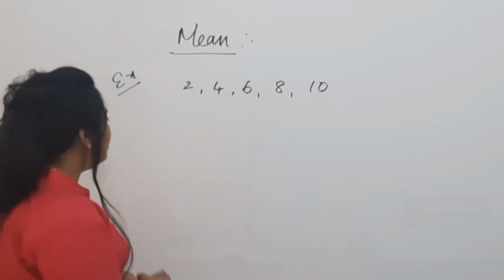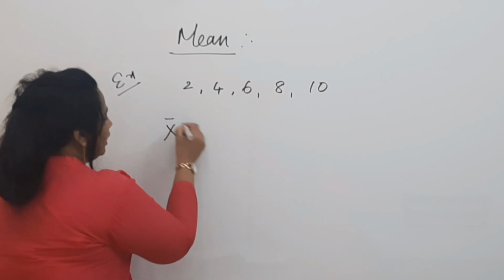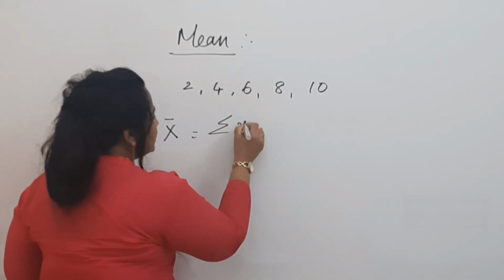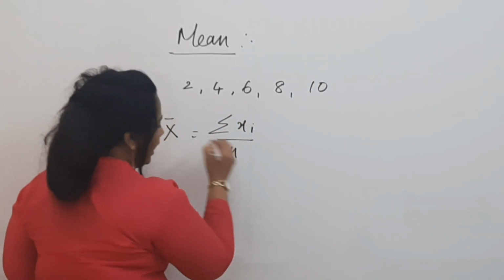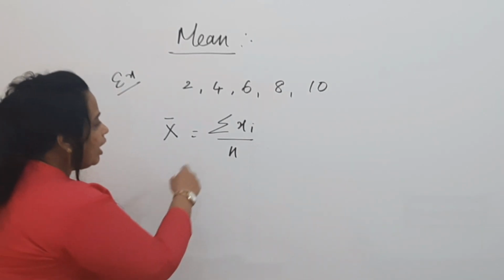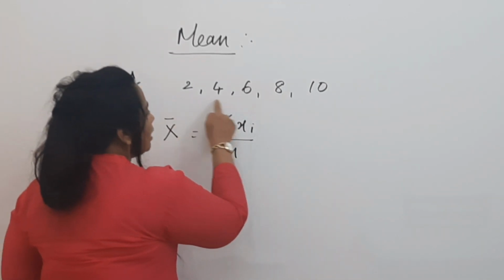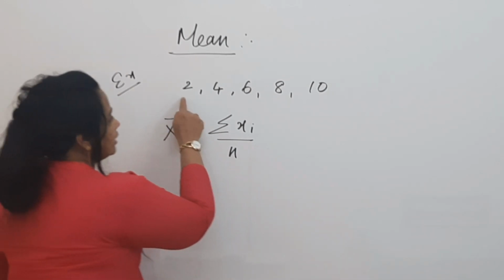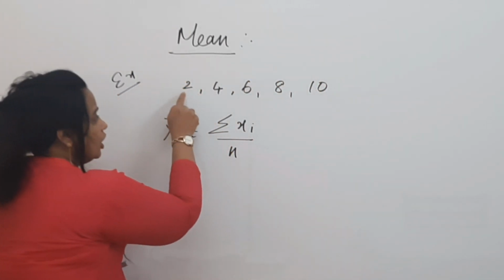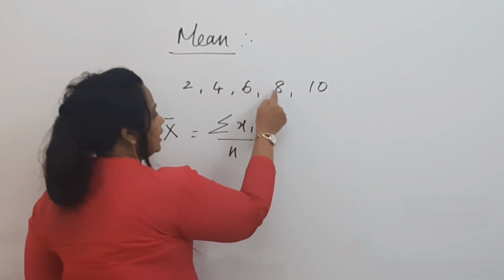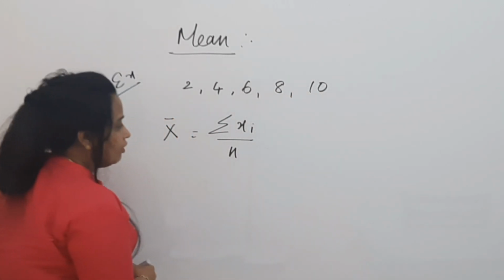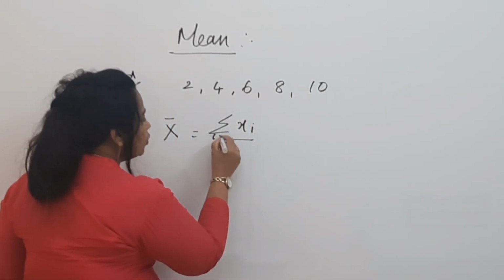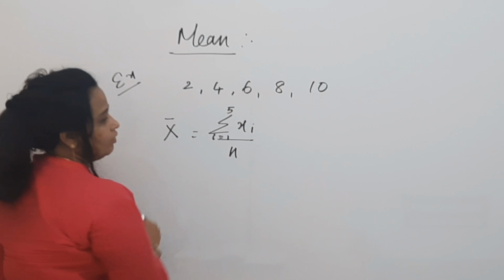How do you find the mean? Mean is x bar equal to sigma xi by n, where sigma xi is the summation of the variates x1, x2, x3, x4, x5. So my i goes from 1 to 5.